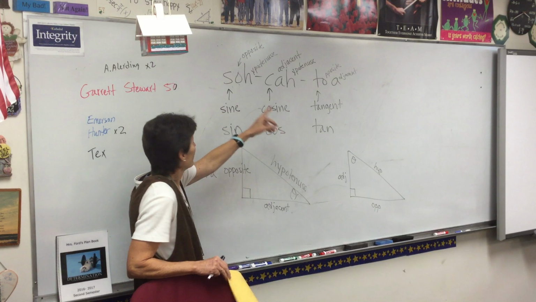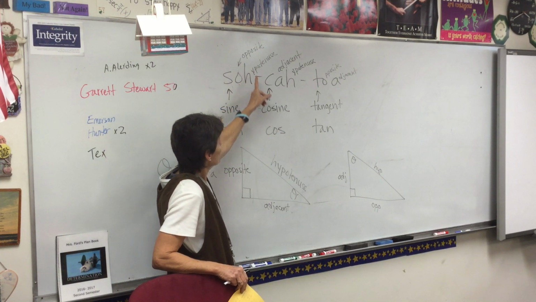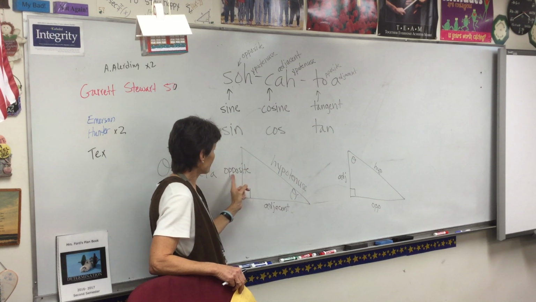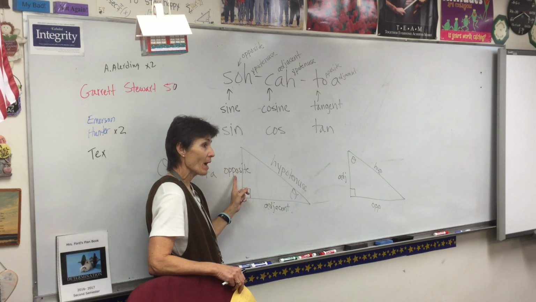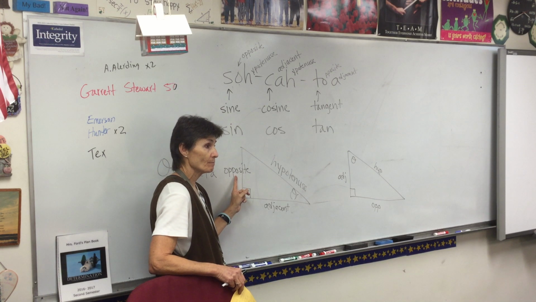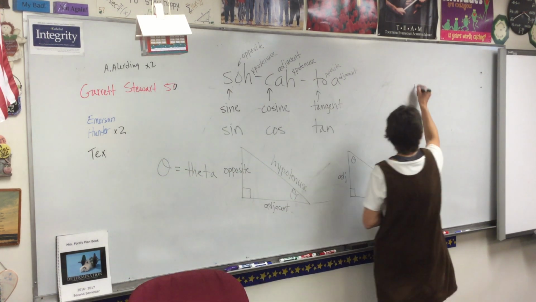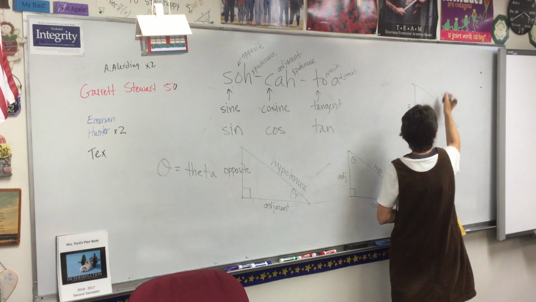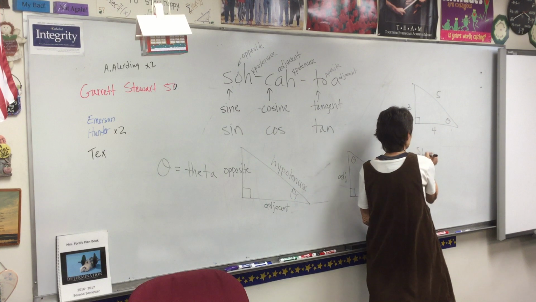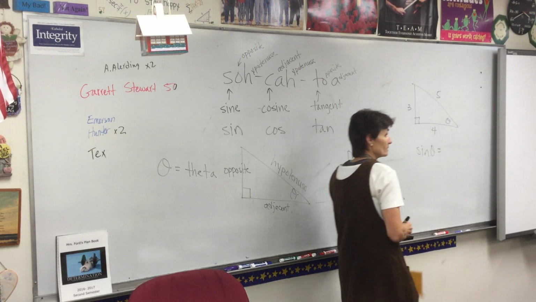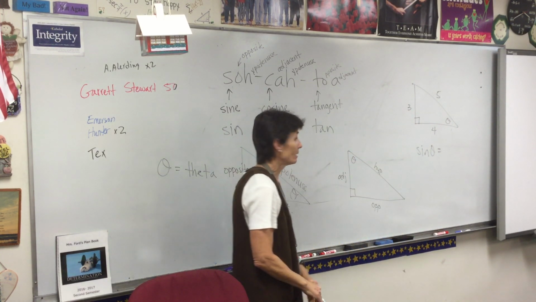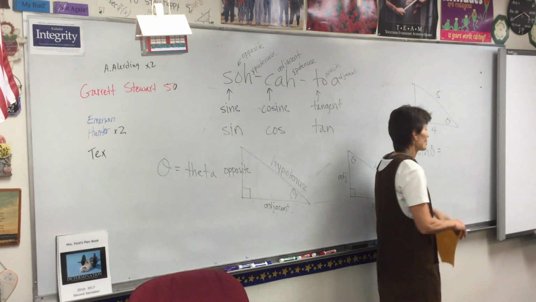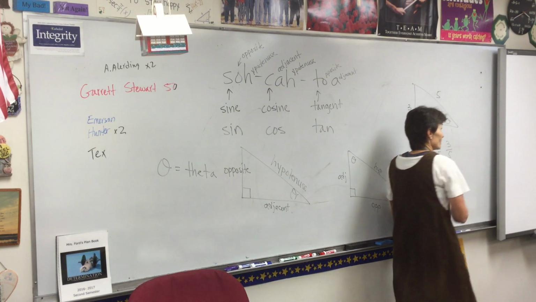So SOHCAHTOA: sine is opposite over hypotenuse. When you look at this picture, opposite over hypotenuse, that fraction would be the sine. If I had a triangle that looked like this, here's theta, with sides 3, 4, and 5, then the sine of angle theta would be opposite over hypotenuse, or 3/5.